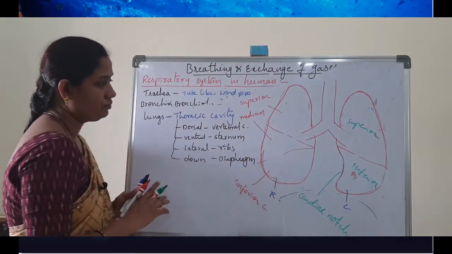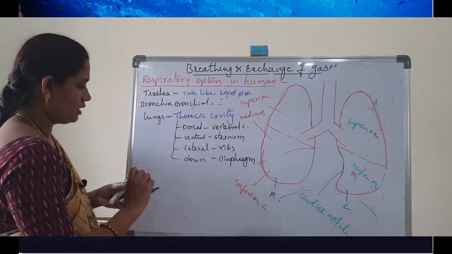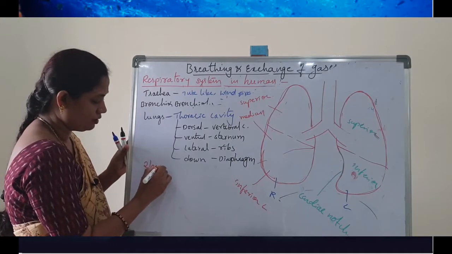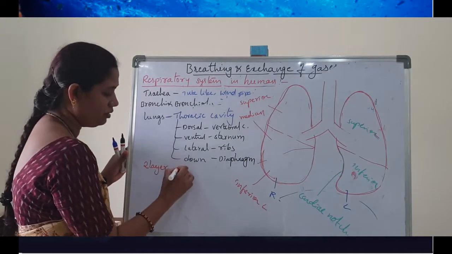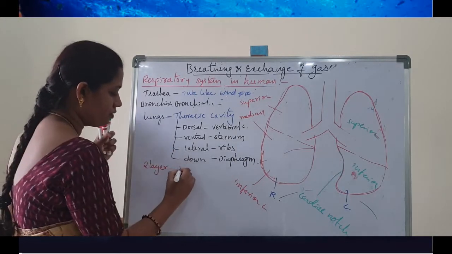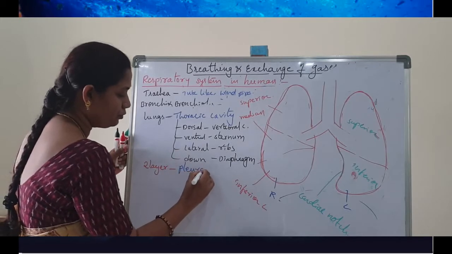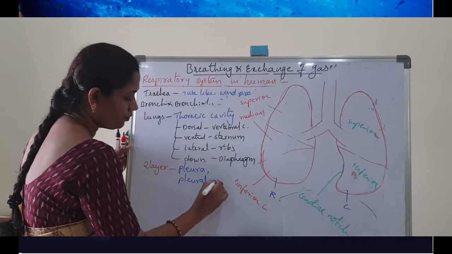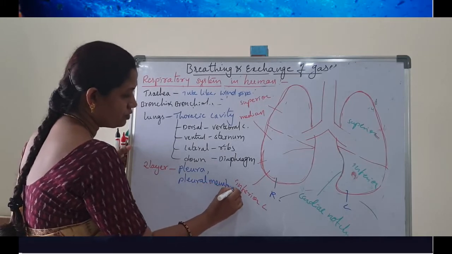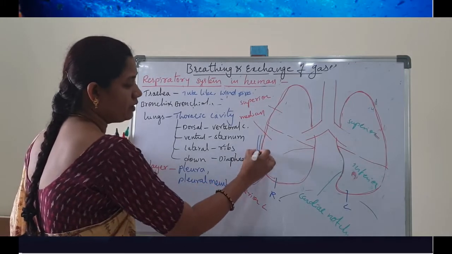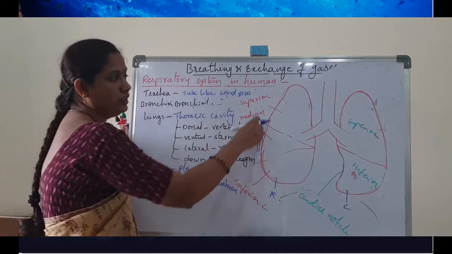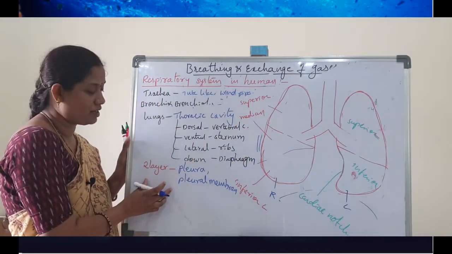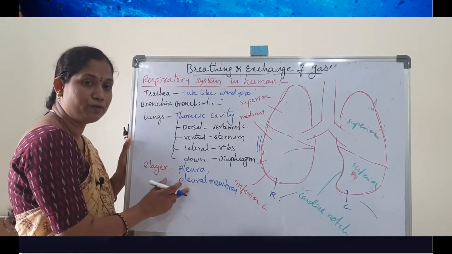Next, the lungs are covered by a double-layered membrane called the pleura or pleural membrane. Both lungs are completely covered by this two-layer membrane.